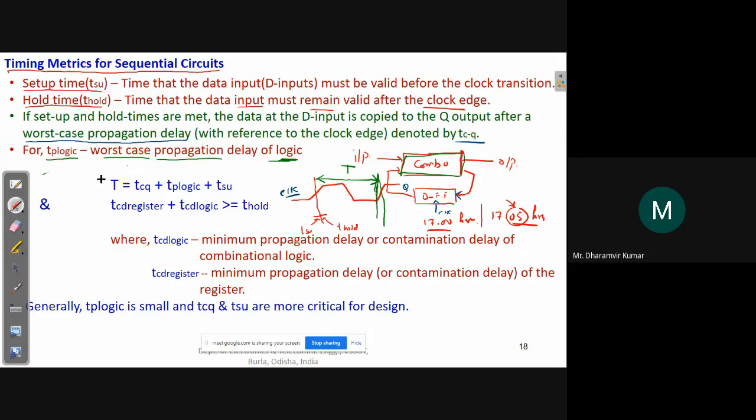These two are the critical conditions, these two equations, which should be met for any sequential circuit which is to be designed properly and expected to work properly. Generally, the TP logic is small, and TCQ and setup time are more critical for the design part. This is the general behavior.